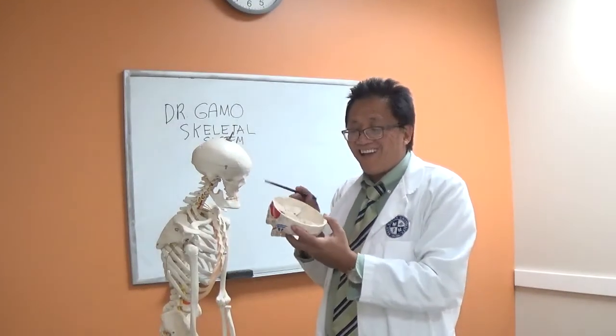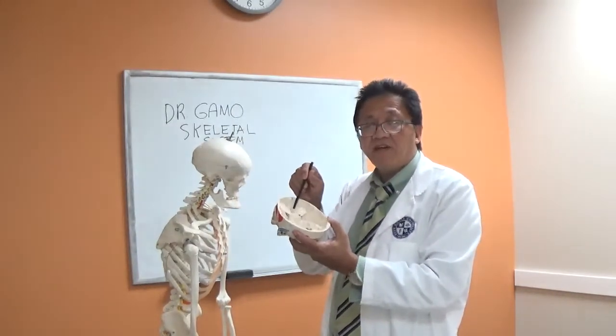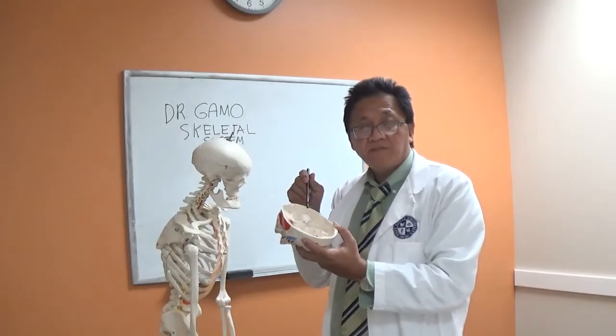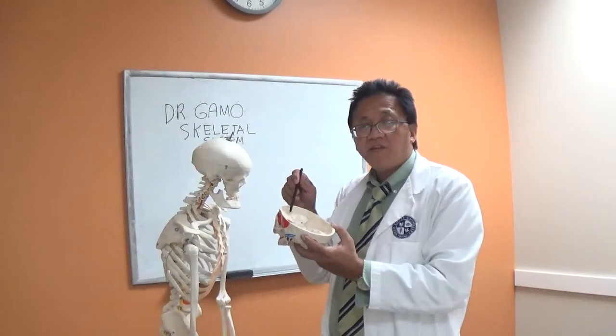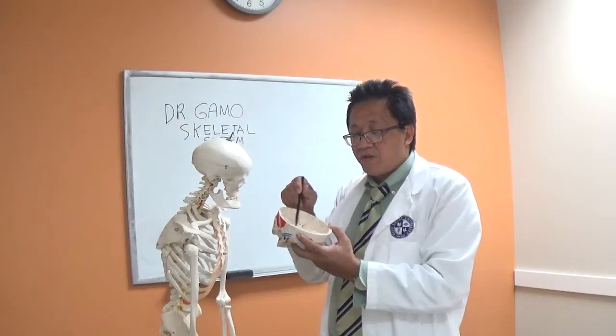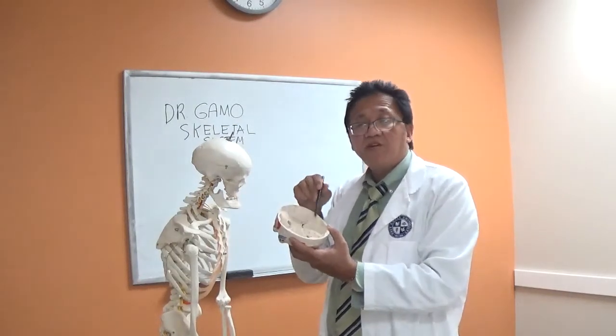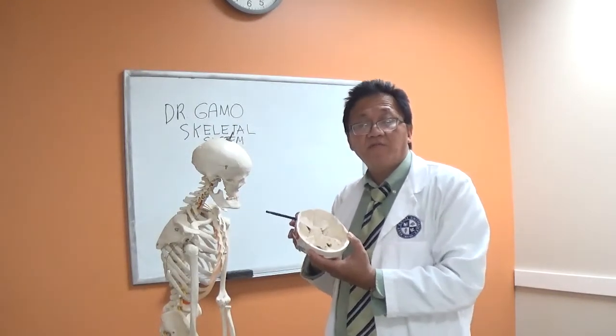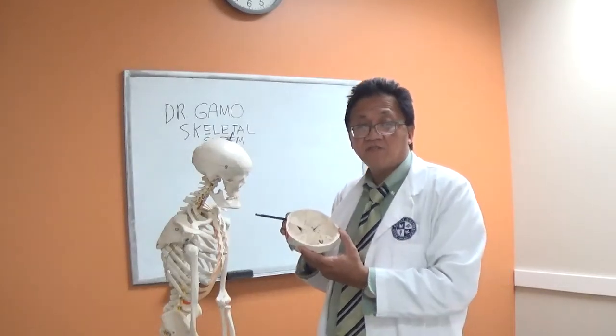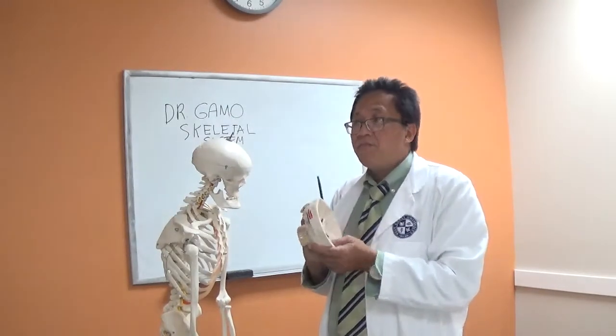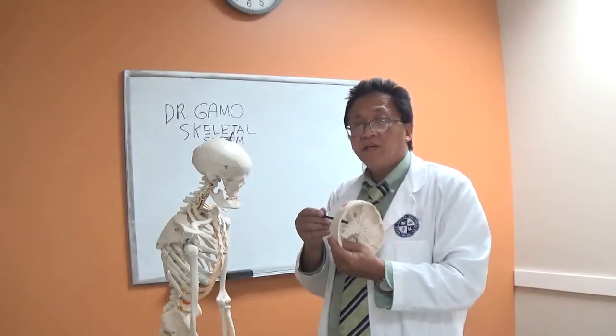Observe too that inside you have the anterior cranial fossa. What does the word fossa mean? A space. Anterior cranial fossa, then the middle cranial fossa, and the posterior cranial fossa, which is where you have your brain tissue in these spaces. Now there is a big opening here, and it is called the foramen magnum.